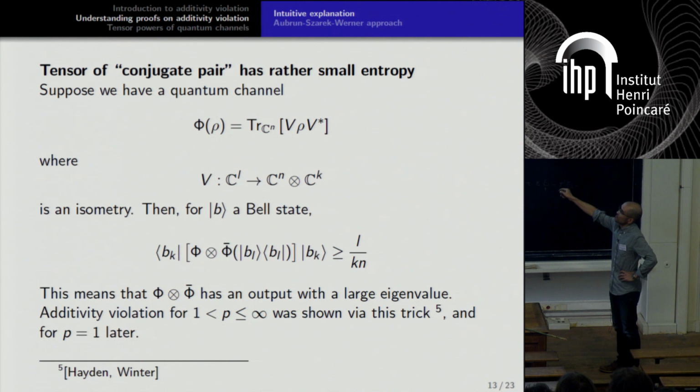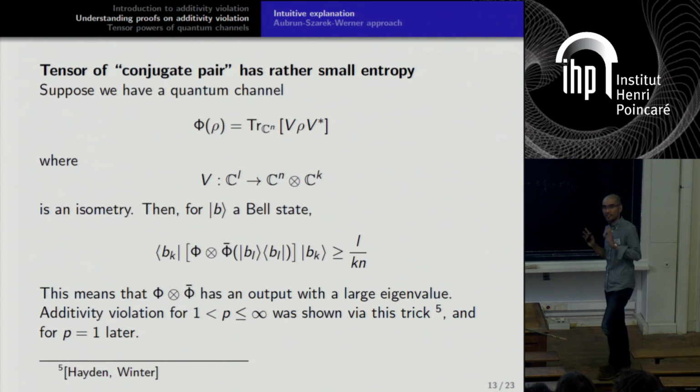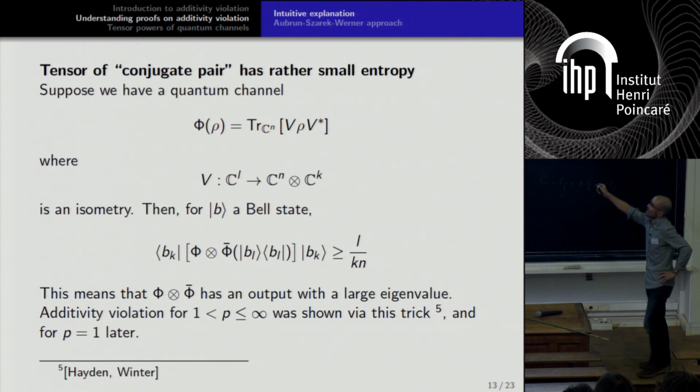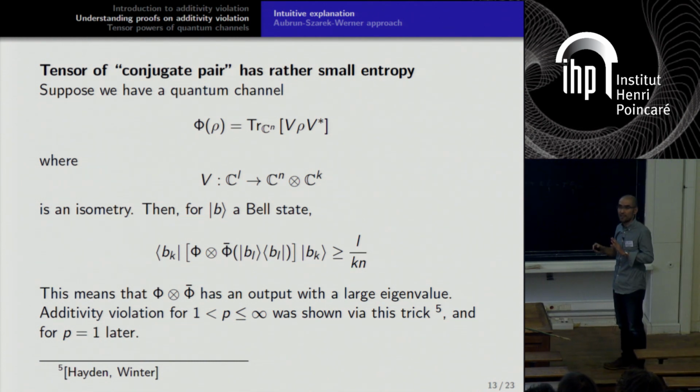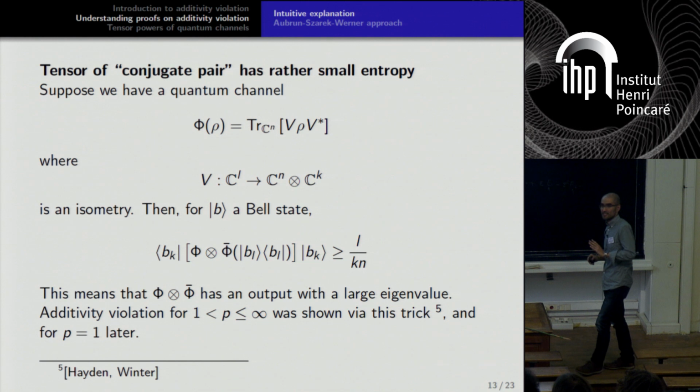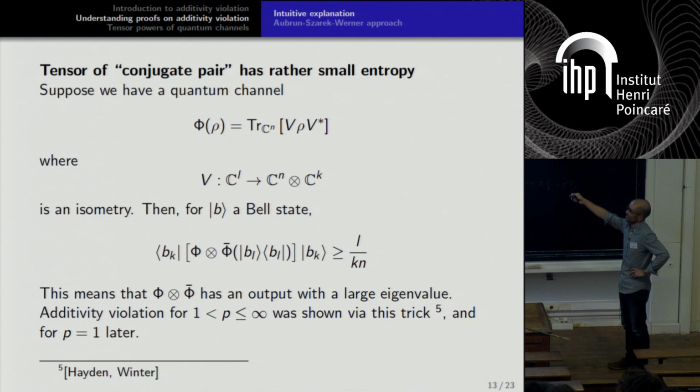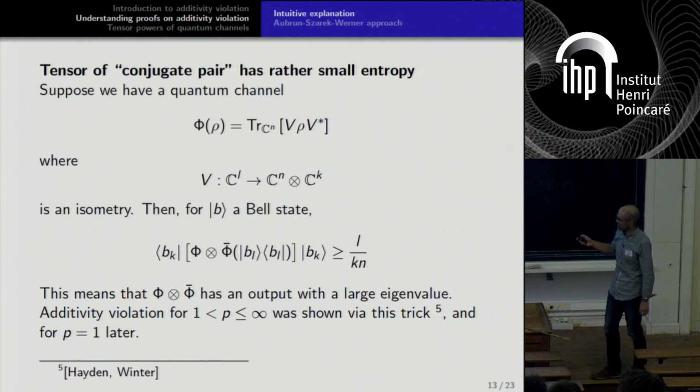But now we have tensor products, so the output space has dimension k squared. We are looking at matrices of size k squared times k squared, but we have an output state which has an eigenvalue larger than 1 over k. This 1 over k is much larger than 1 over k squared. So for Bell input states, we have an output which has rather small entropy. This is how we prove that we have a small entropy for the tensor product of two channels.